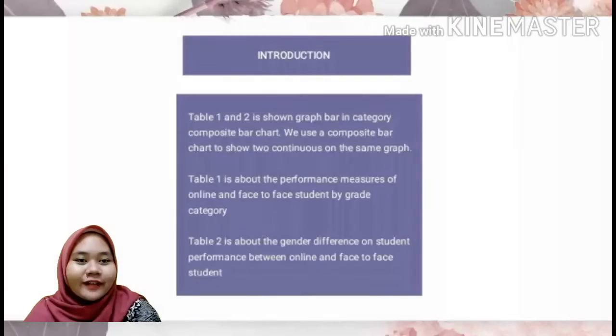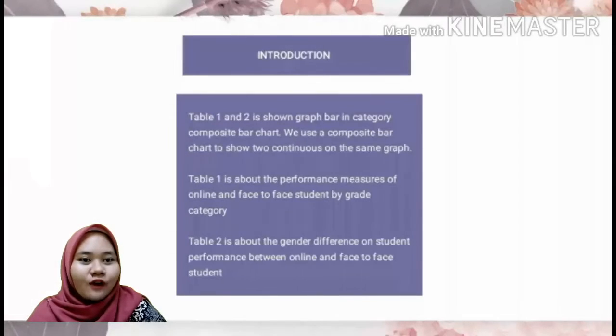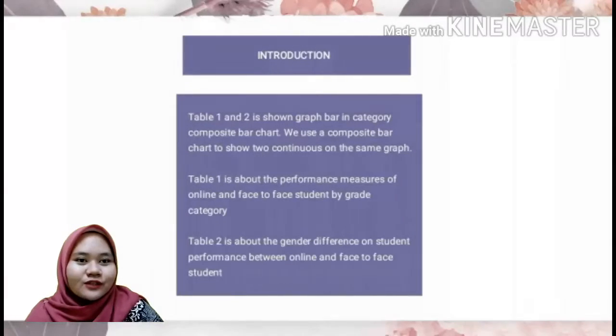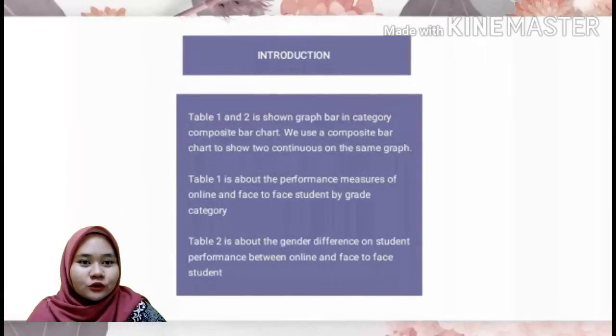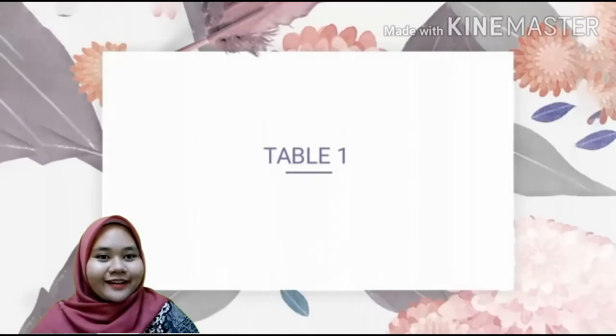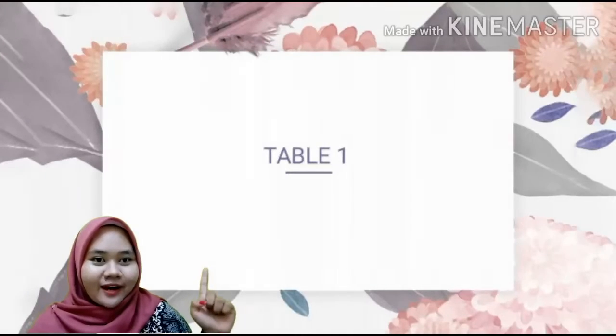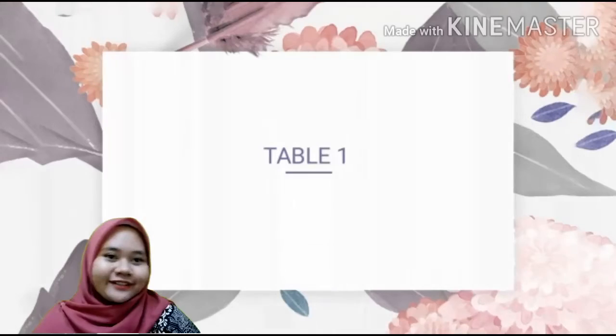So, table 1 is about performance measure of online and face-to-face student by grade category. And table 2 is about the gender difference on student performance between online and face-to-face student. Okay, this is for table 1, and I will explain in the next slide.